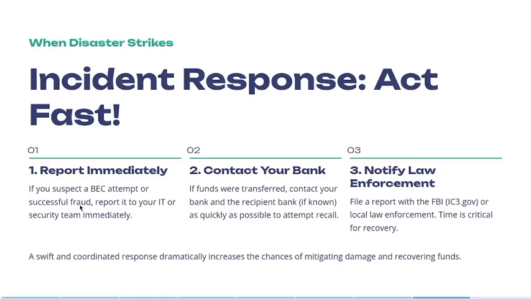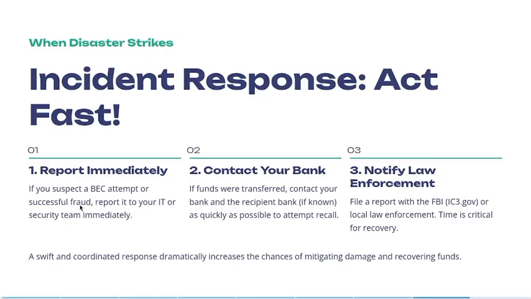So next one, we have notify law enforcement. File a report with the FBI. In this case, we are in Nigeria, so you will probably file a report with the EFCC, which is the Economic and Financial Crimes Commission, or local law enforcement. Time is critical for recovery. Time is very, very crucial at this point. Every second, every minute, every hour you miss, you are losing a lot of money.